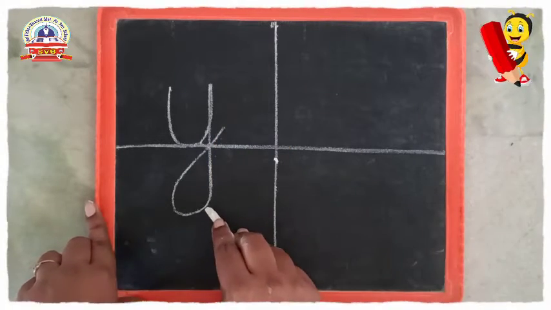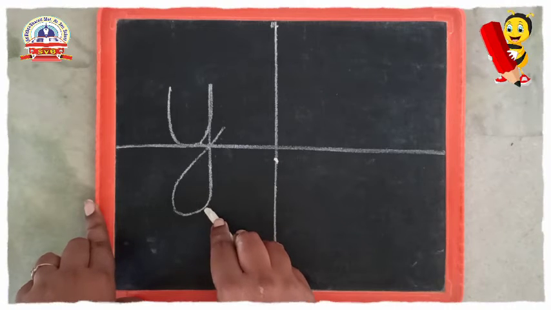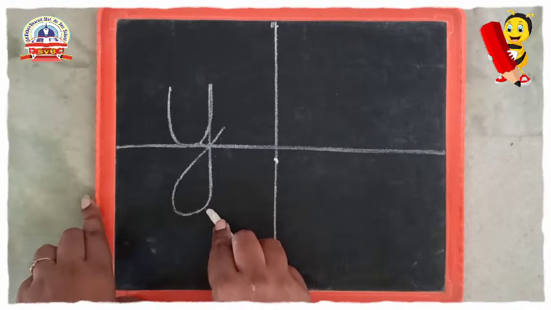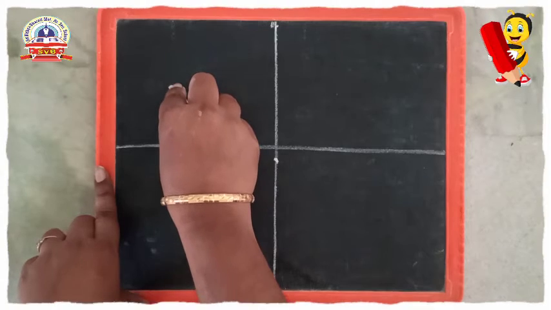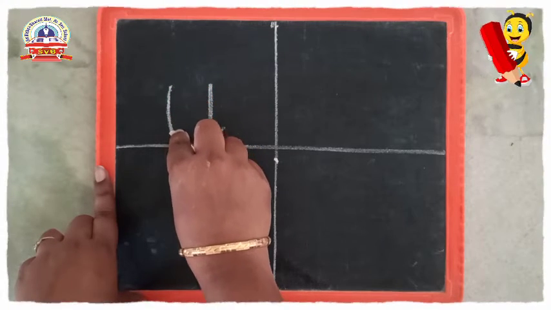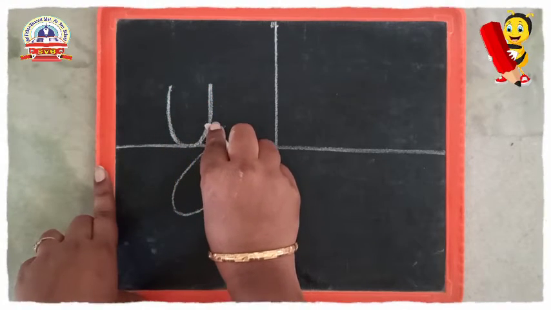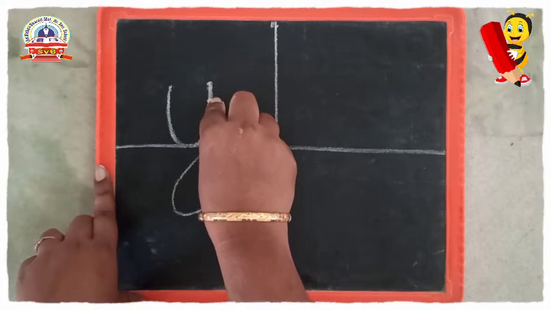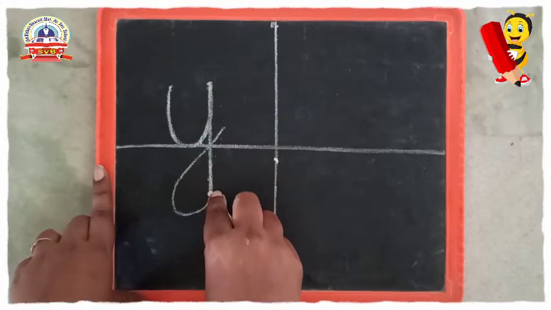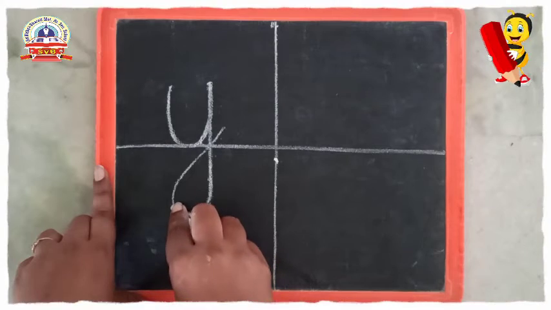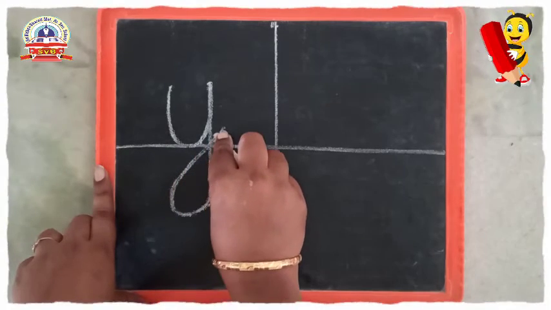This is E. Say children, upper curve should touch the hanging line, then standing line comes down, then curve goes up.